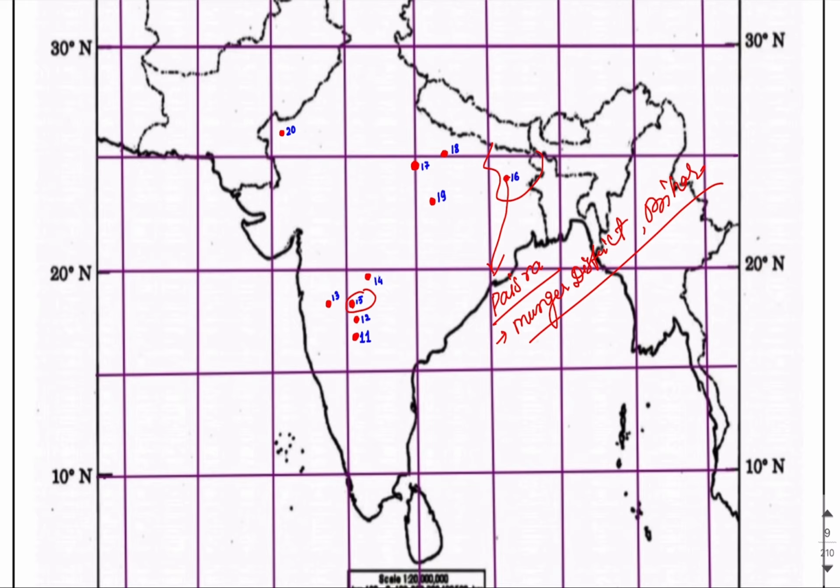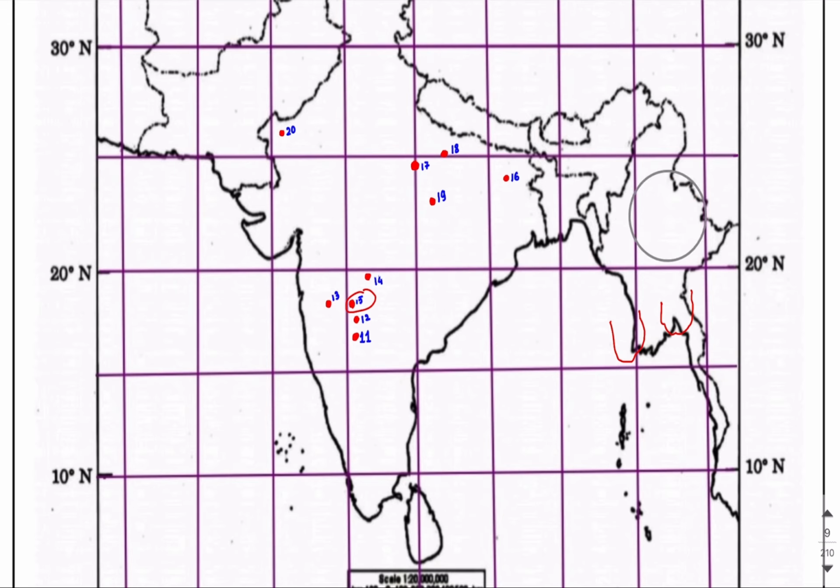And the tools found belong to the lower Paleolithic and middle Paleolithic, and 8 post holes have been found. So big hole-like structures have been found. So you should not worry about what points I need to write. You just take the PDF, you will get all the lines, right? You need not worry. I'm just noting down that these are the sites which you really need to focus on.